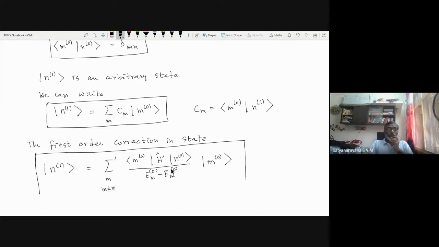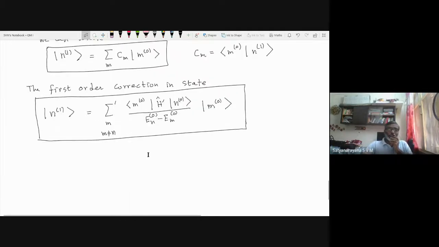I must put the condition that M is not equal to N, because we want to see which other directions are contributing to the correction. The same direction adds nothing: if N1 is proportional to N0, it is not adding anything as far as the state is concerned. Imagine a vector, and another vector in the same direction, and another in the same direction.